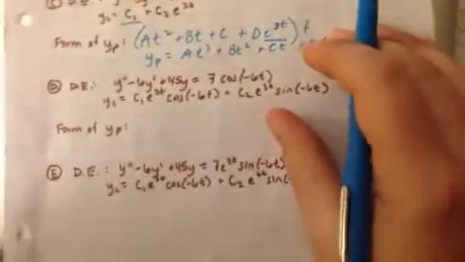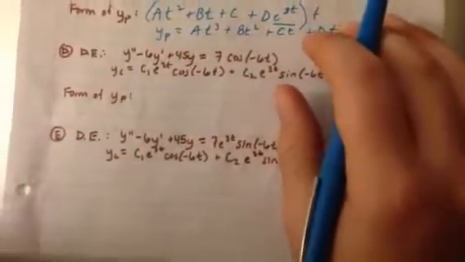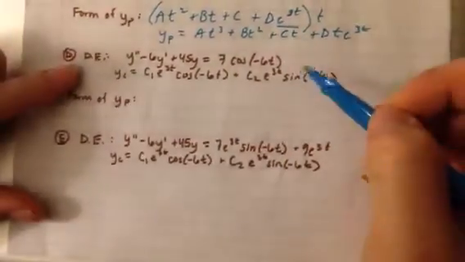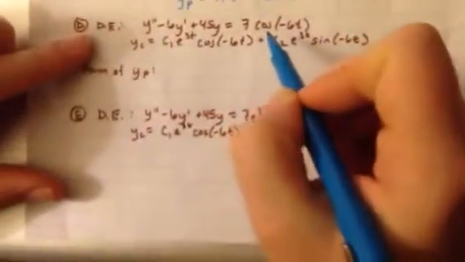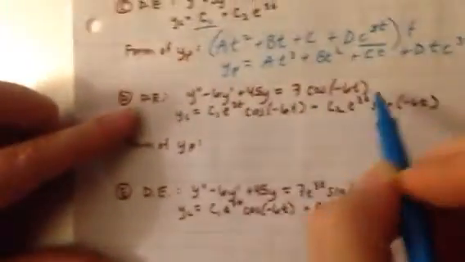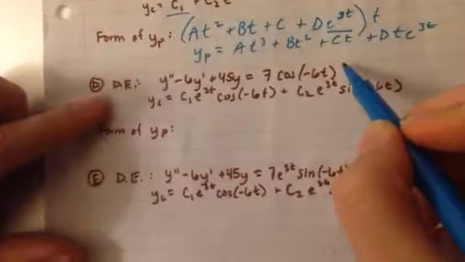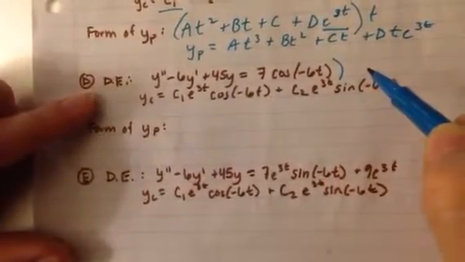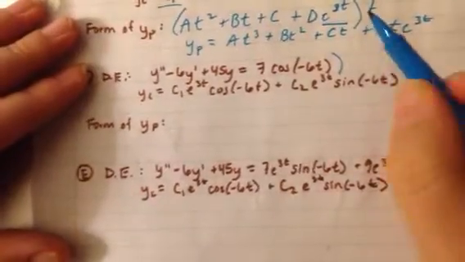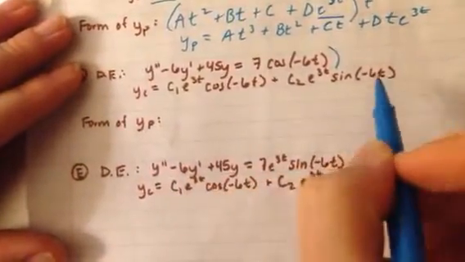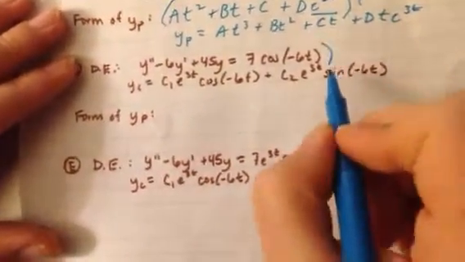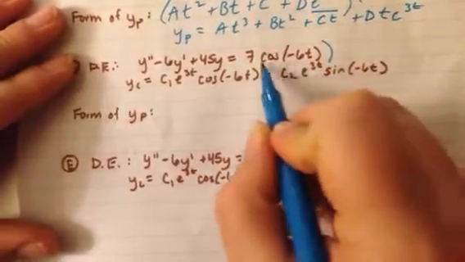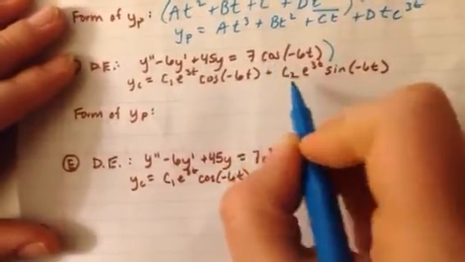Those ones I think are pretty good. If we look at the next one, we finally have some trig in here. So our g of t is 7 cosine of negative 6t, and then here's our yc. So the form on this one, if we just have one trig term, it's going to end up with 2.